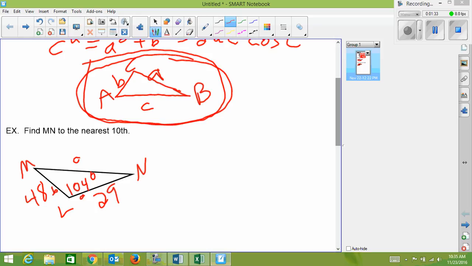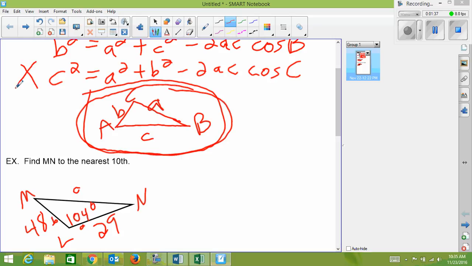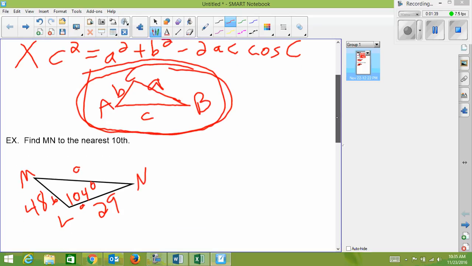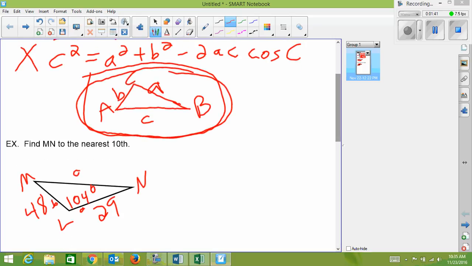then I'm going to use this formula: c squared equals a squared plus b squared minus 2ab, and then at the end times cosine c. I'm just going to plug stuff in here. I don't know my c squared.